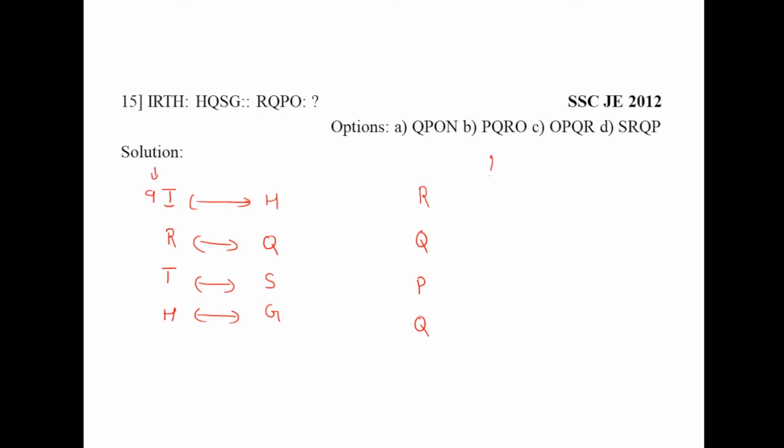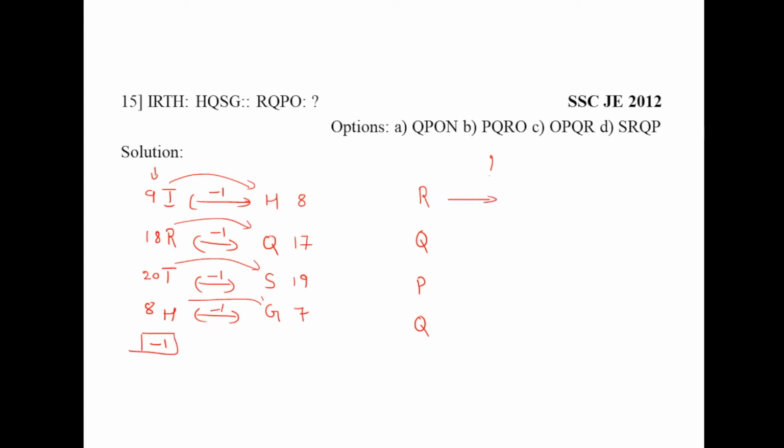I is 9, R stands for 18, T stands for 20, H stands for 8, Q stands for 17, S stands for 19, G stands for 7. So 9 minus 1 is 8, 18 minus 1 is 17, 20 minus 1 is 19, 8 minus 1 is 7. So the logic behind this is minus 1.